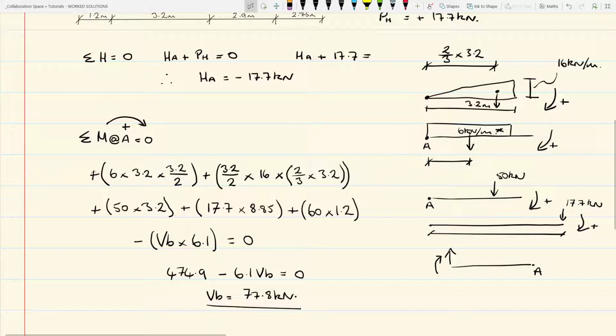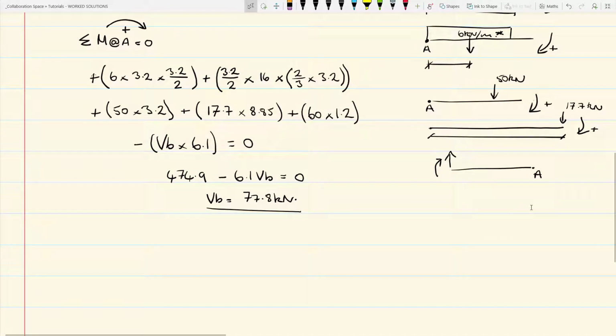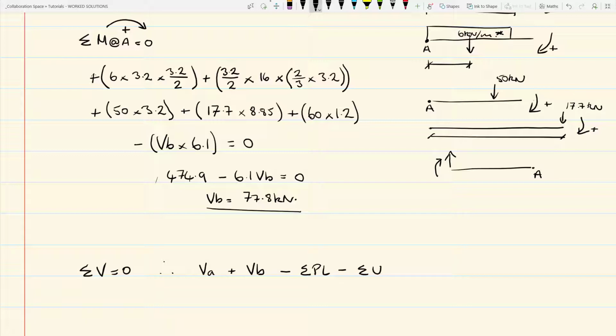The last part of this problem is to solve the vertical reaction at A. So we can write the sum of the vertical forces equals 0. Therefore, it's fair to say that VA plus VB minus the sum of the point loads minus the sum of the UD loads equals 0.